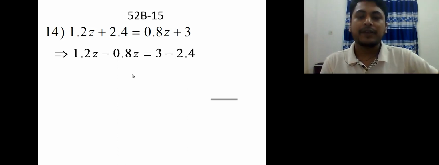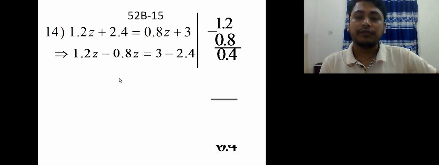Before solving this, I would like to show you the difference. 1.2 - 0.8 = 0.4. Now 3 - 2.4.